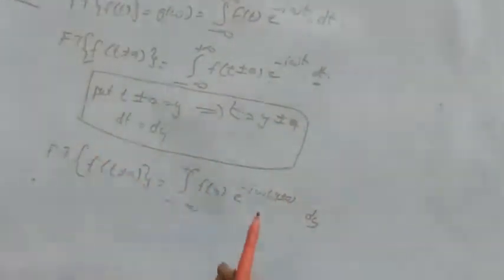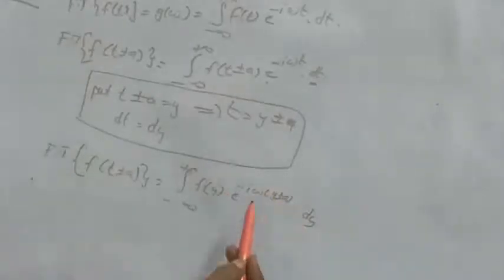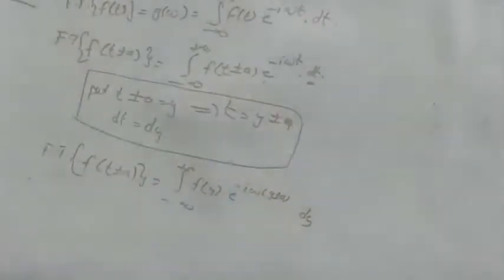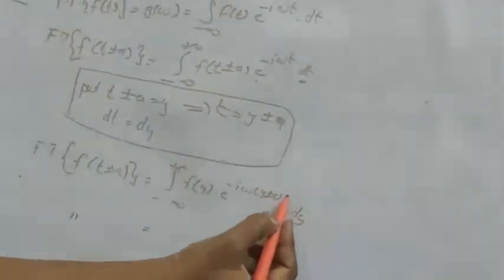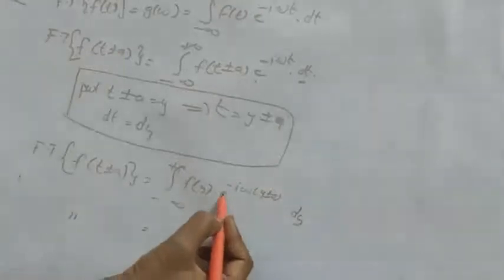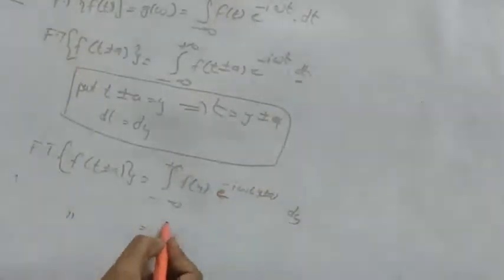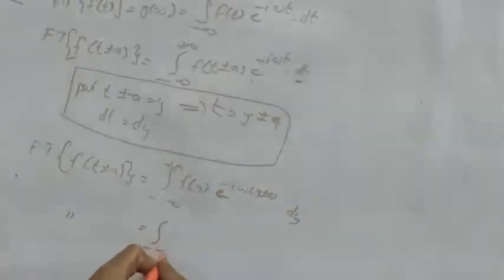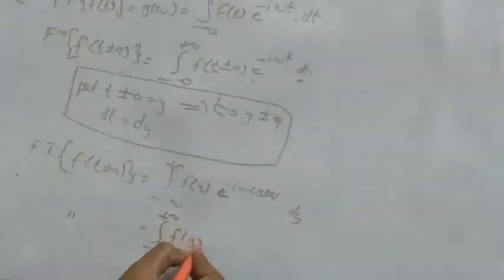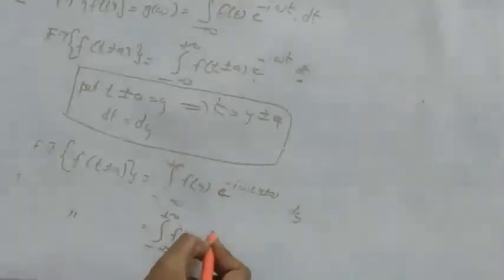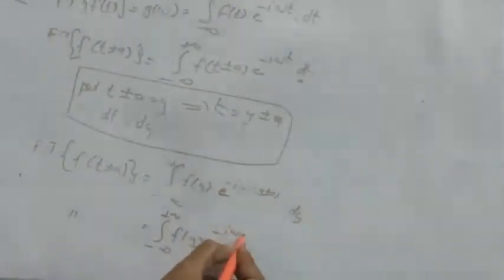Now, for the next step, I am going to bring the changes in the exponential term. Now, the LHS term is like that only. Now, as I have said, I am going to bring the changes in the exponential parameter. Now, what you will get? Integral minus infinity to plus infinity f of y, now e power minus i omega y.